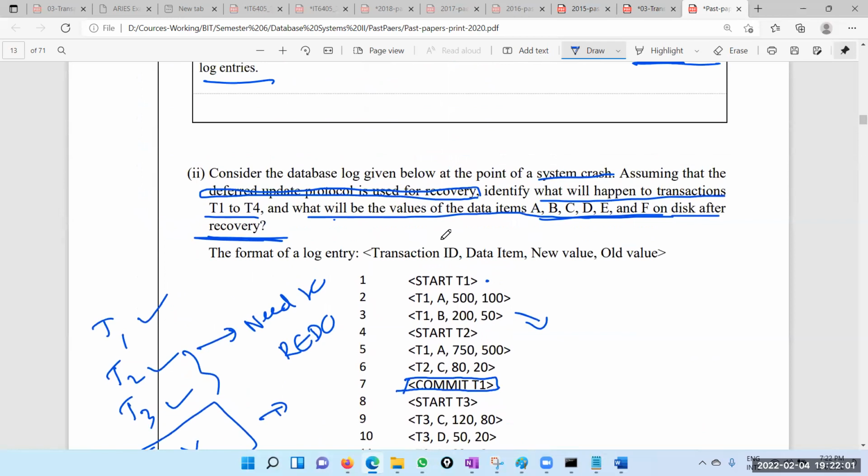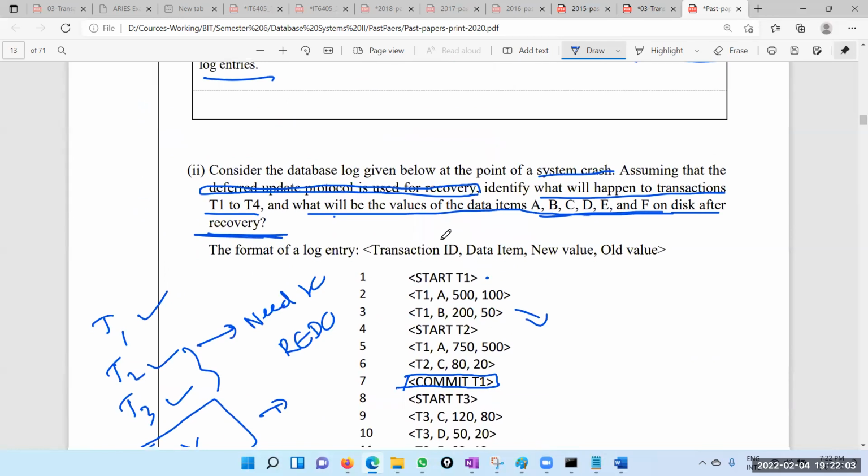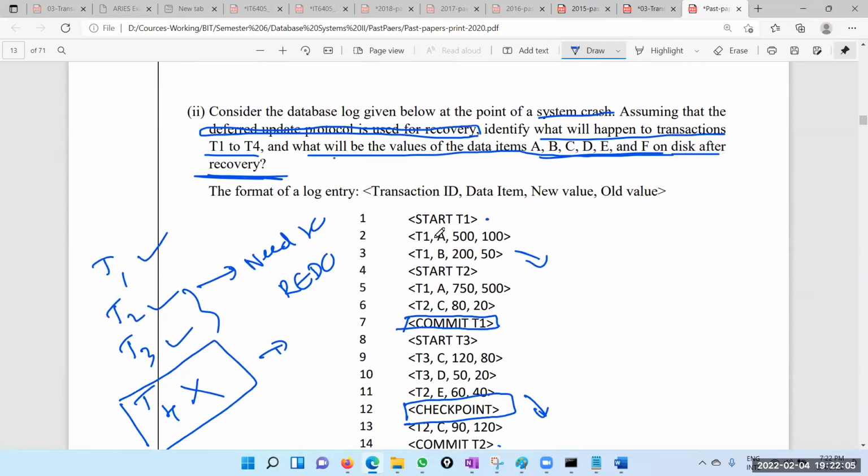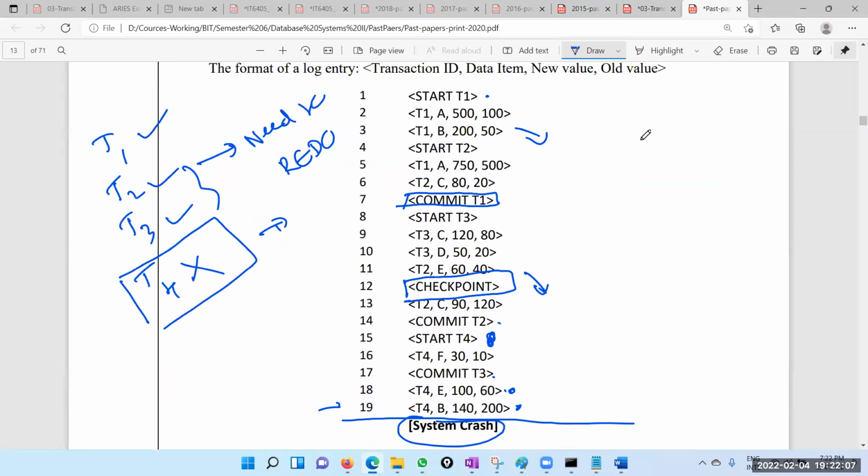So can you explain again undo and redo? Yes. So remember, there are four possibilities. We have steal, no steal, deferred update, and immediate update.